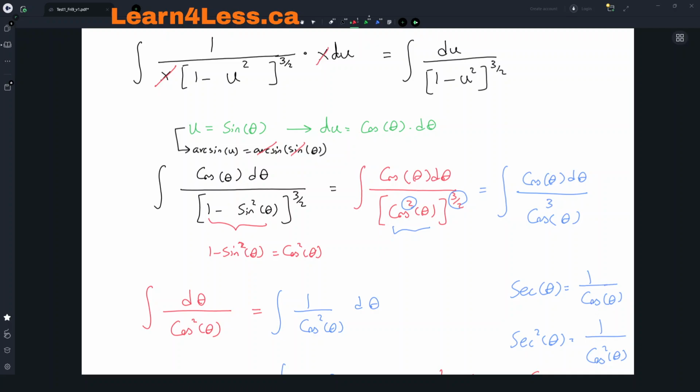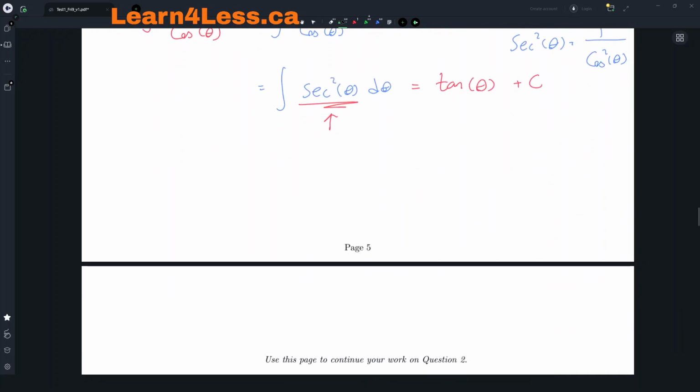So now let me just write it right here. From here, theta is equal to arc sine of u, so instead of this theta, I can write arc sine of u. So this is equal to tan of arc sine of u plus c.